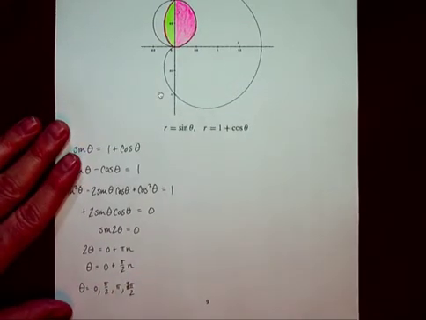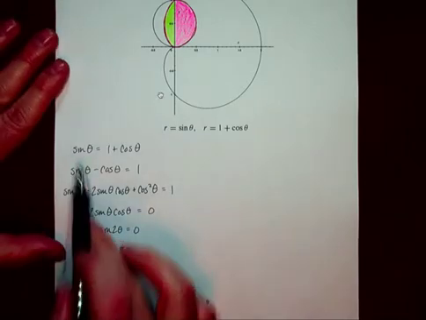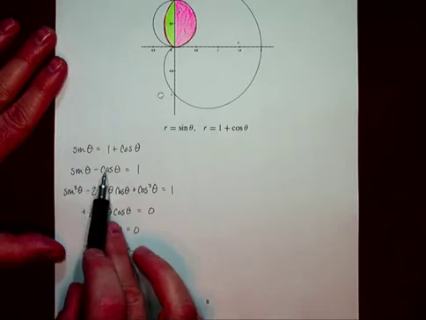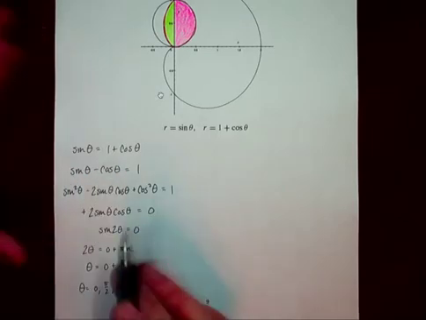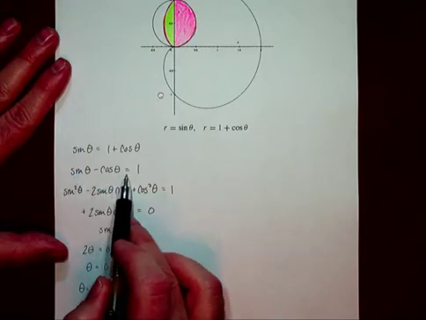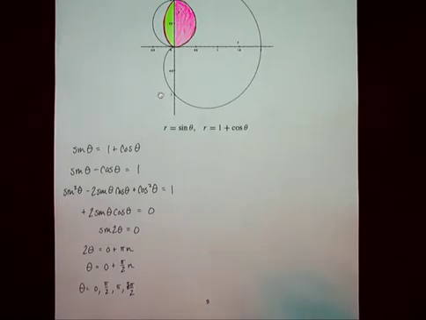Now, remember that I said that there's the introduction of extraneous roots. That's largely because when I square it, it doesn't know the difference between cosine minus sine and sine minus cosine and a whole bunch of other stuff. It doesn't know the difference between sine minus cosine equal to 1 and sine minus cosine equal to negative 1. So I need to go back and check.